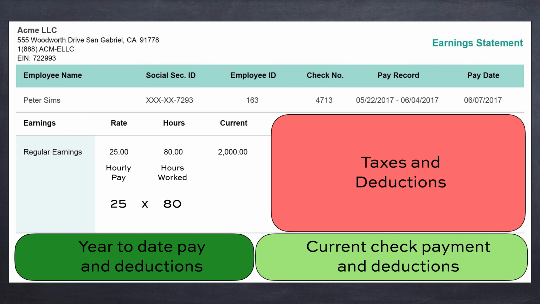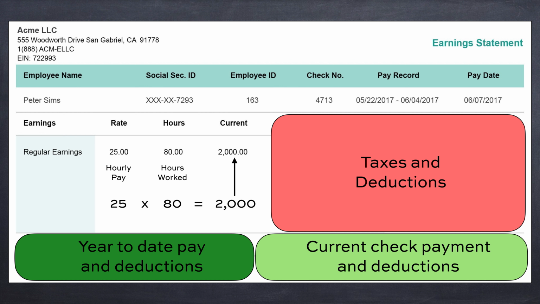To find out how much money that translates into, you just go pay rate 25 times hours worked 80. That's going to be $2,000, which goes up right there. So that's how that section works. If it is a salary, like you're just paid a set amount each month, that will also be in this section.